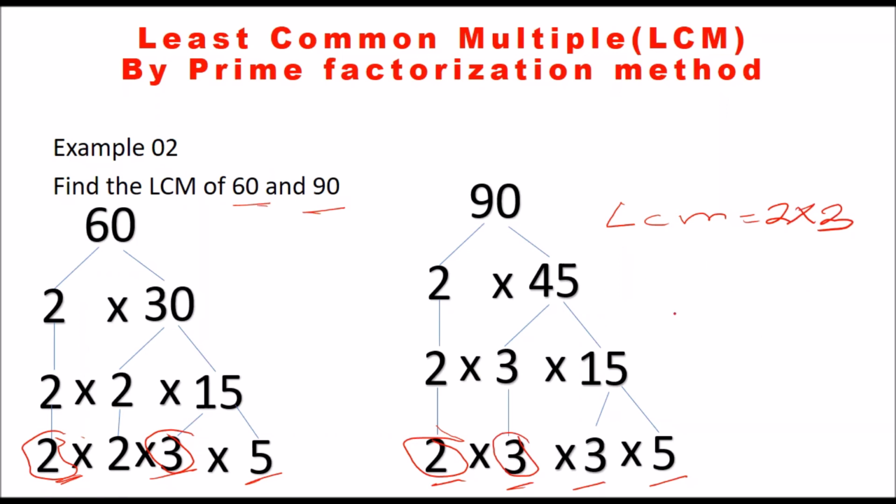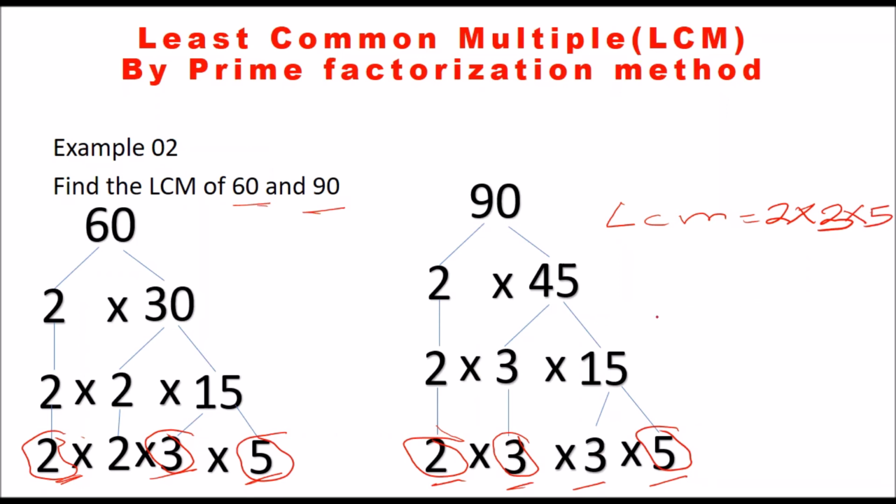Again, we are looking only for the prime factors found in both. And here we have 5 in 60, and also 5 in 90, so we multiply again by 5.